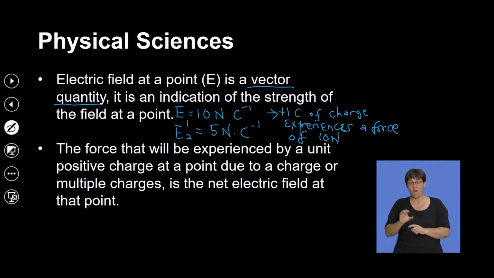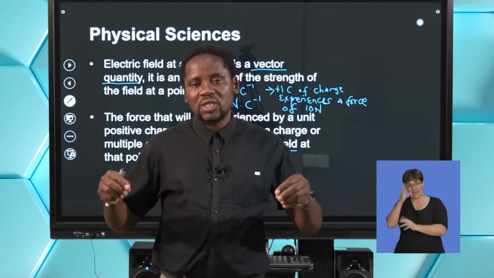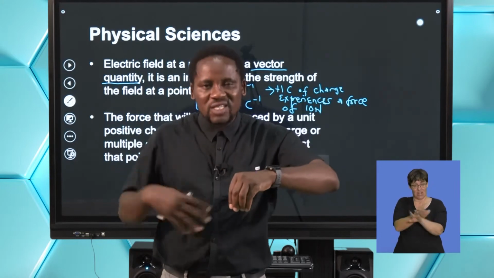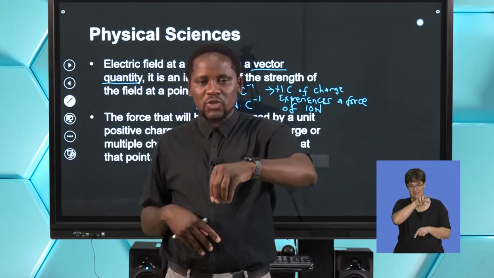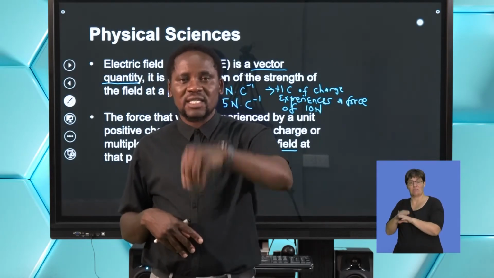Now, the force that will be experienced by a unit positive charge at a point due to a charge or multiple charges is the net electric field. So we are emphasizing the big idea around net electric field at a point. We identify a point in the field of more than one charge. Now there are multiple charges exerting a force on the unit positive charge at that point.